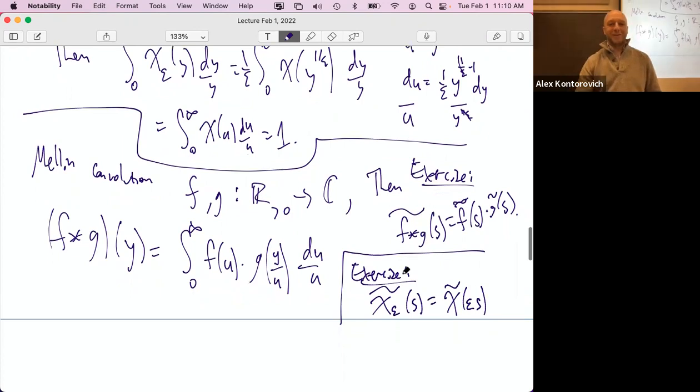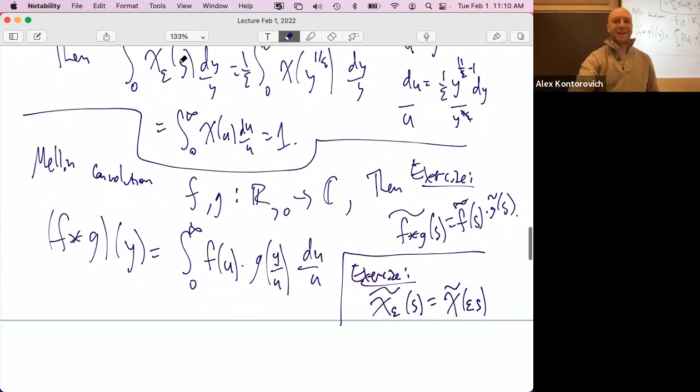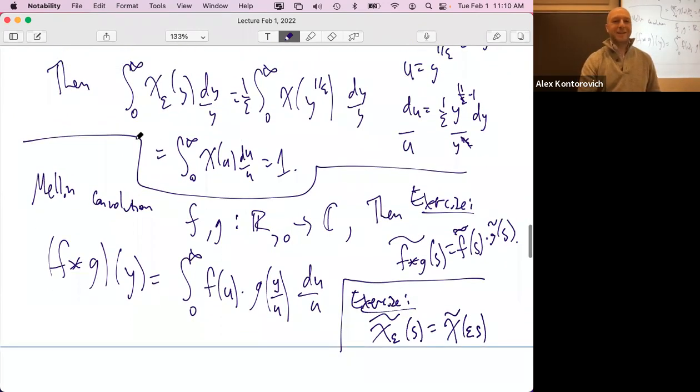So what is the total integral? This is the Mellin transform of chi epsilon at s equals 0. The reason the value at 0 is also equal to 1 is because the value of chi epsilon tilde anywhere is equal to chi tilde of epsilon times s.